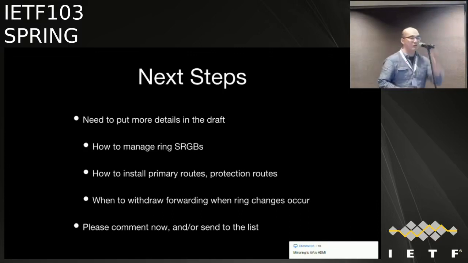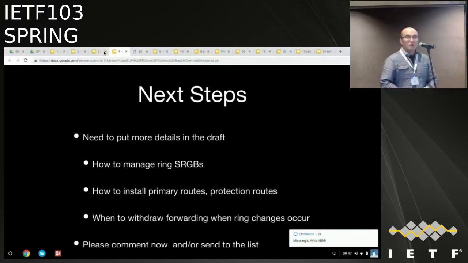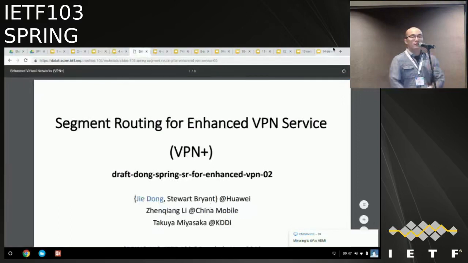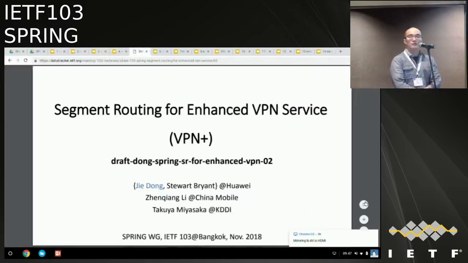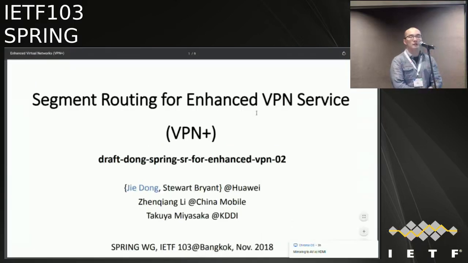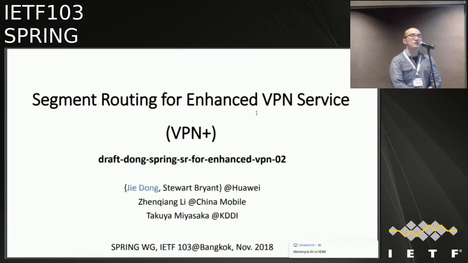Okay, morning everyone. This is an update of the segment routing for enhanced VPN draft. Okay, a little brief review of the motivations. We know that VPN has been widely deployed to support multi-tenancy in the operator networks. Basically, it provides the separated tenant address spaces and also the separated routing and forwarding tables.